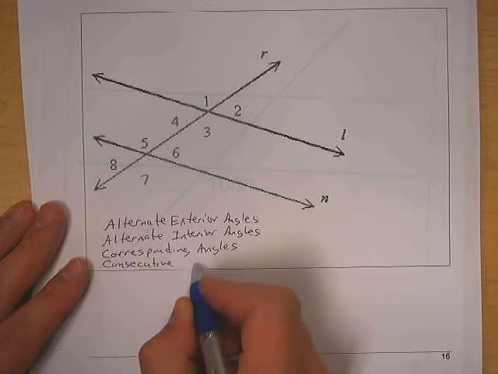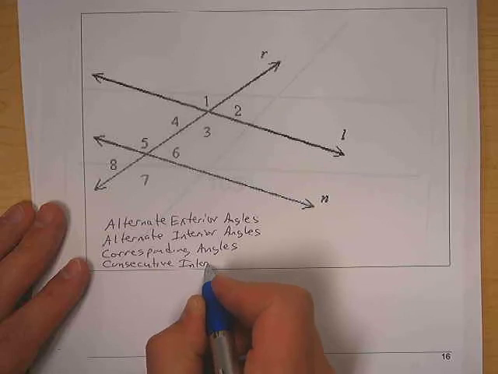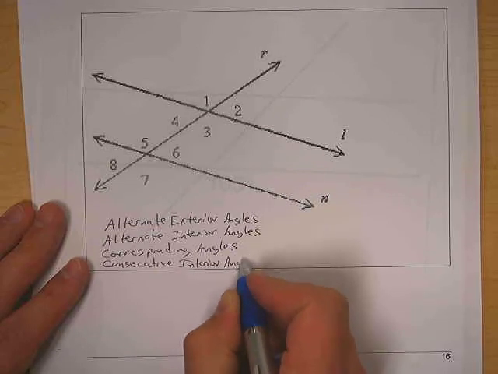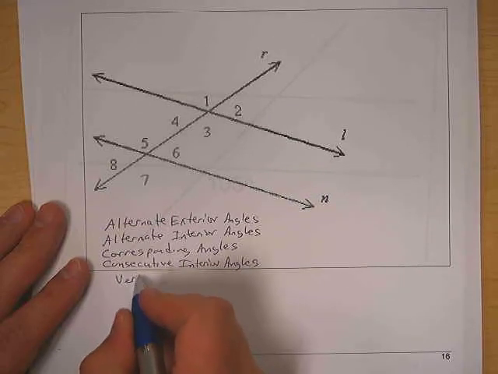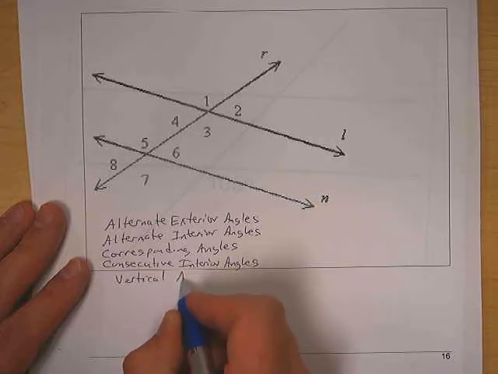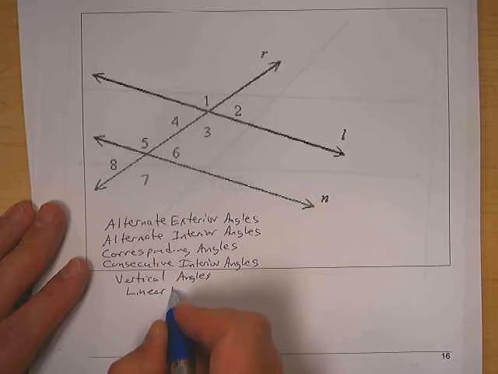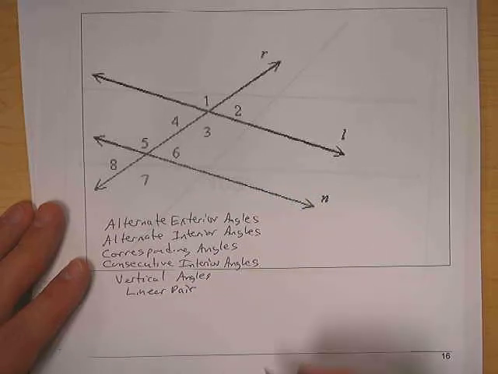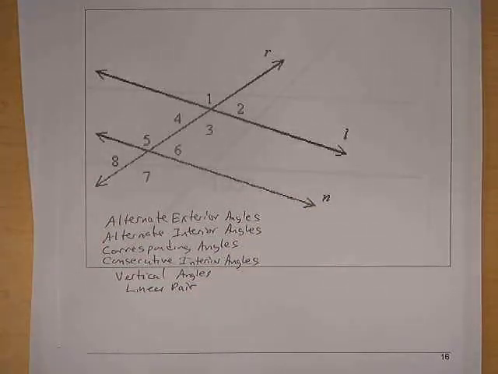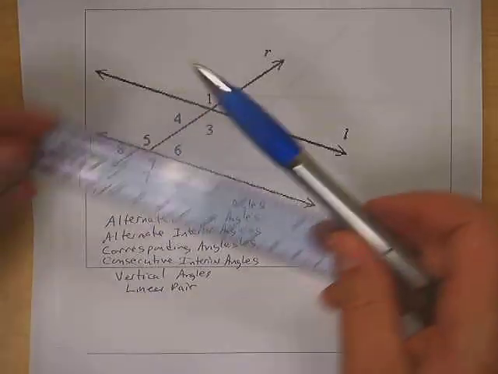We have consecutive interior angles. Vertical angles. And a linear pair. I'm going to give you some samples of these types of angles.